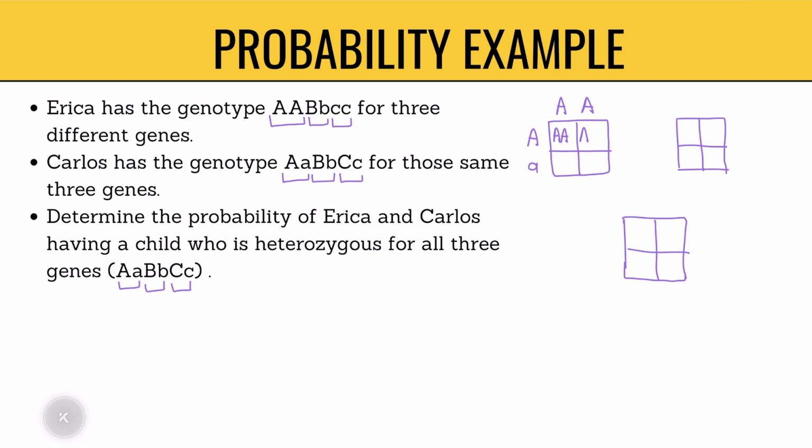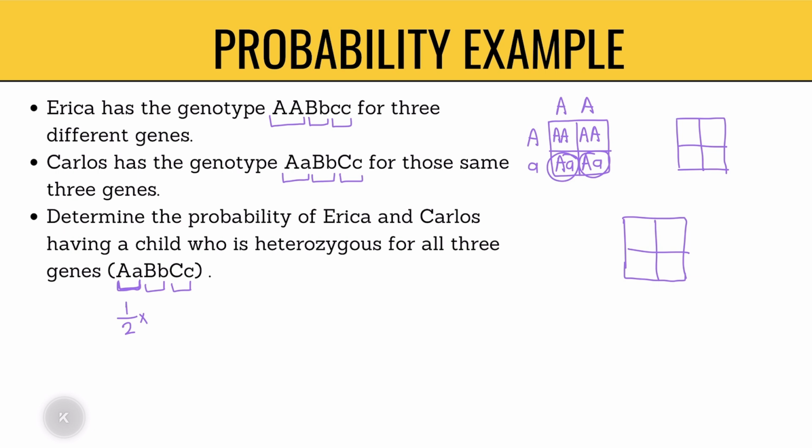So I fill out this monohybrid Punnett square, and I have my different options for Erica and Carlos's kids. I'm looking specifically for what they're asking for, which is big A, little a. So 1, 2, so 2 out of 4, which simplifies to 1/2.